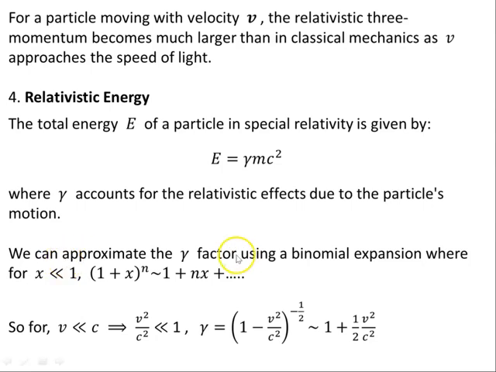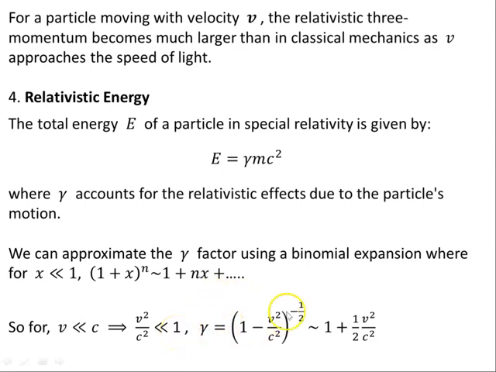Now, we can make an approximation of this thanks to the binomial expansion. So we'll approximate gamma using a binomial expansion, where for x much less than 1, the expression (1 plus x) to the power of n is approximately 1 plus n times x plus some higher order terms. So for v much less than c, v squared on c squared would be much less than 1.